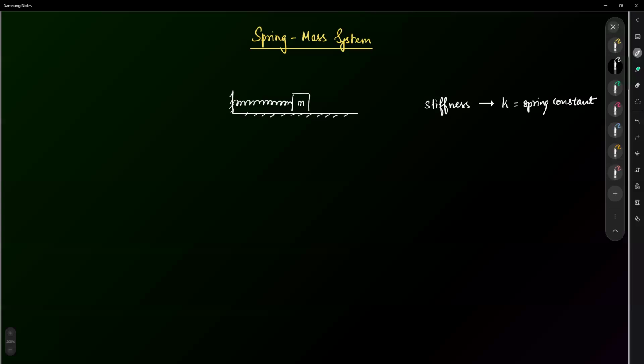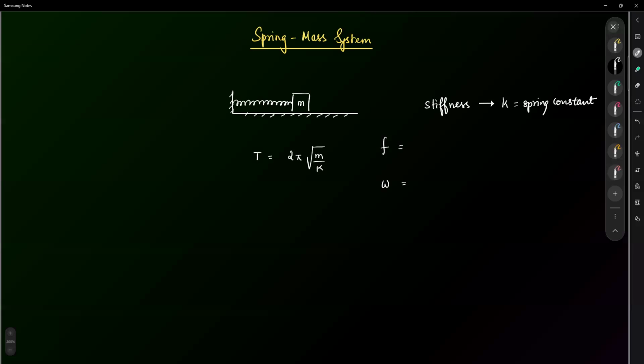In case of the spring mass system, the time period is given by 2 pi root over of m by k. Now there is a big confusion with students about f and omega. Remember, f is frequency, omega is angular frequency.